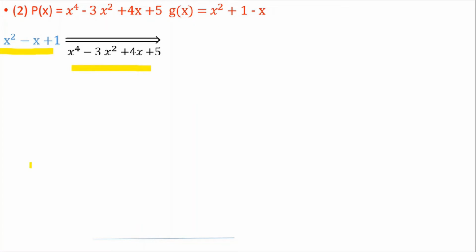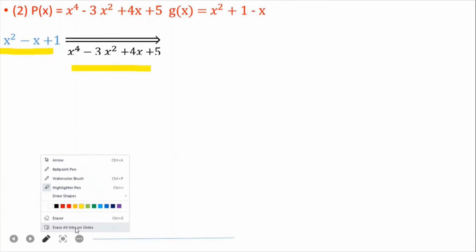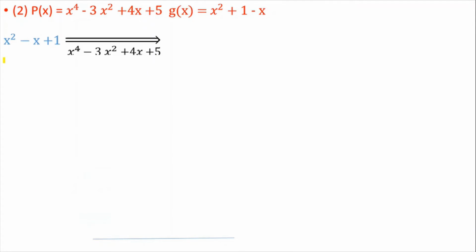In the first step, we have to check what is the highest power of x term present in the divisor. Here I can clearly say that x squared is the highest term present in the divisor. Next, we have to check the highest power of x term present in the dividend. Here x power 4 is the highest power term in the dividend.